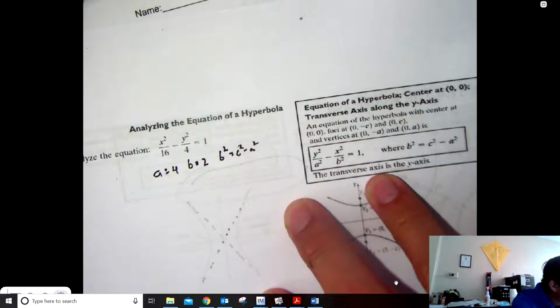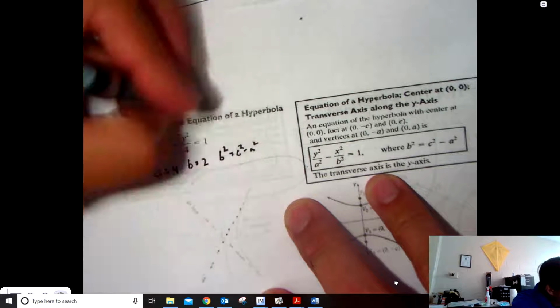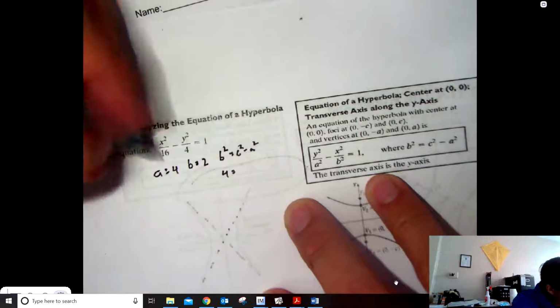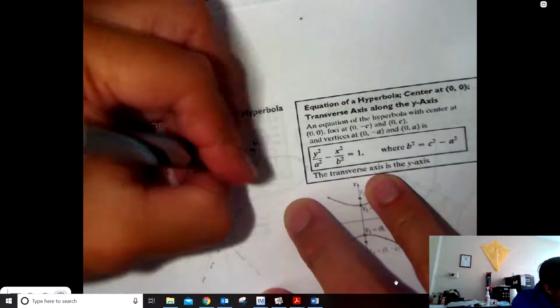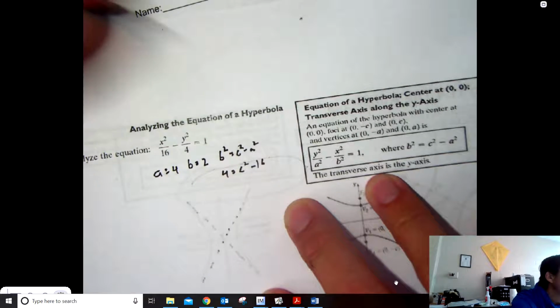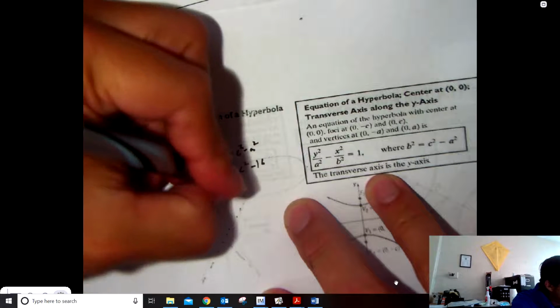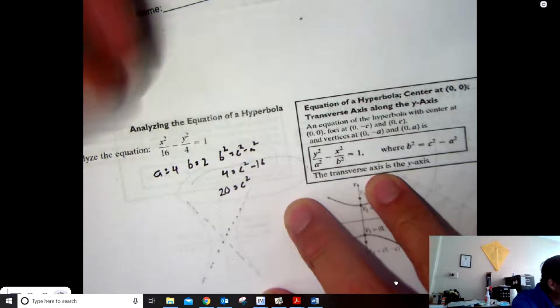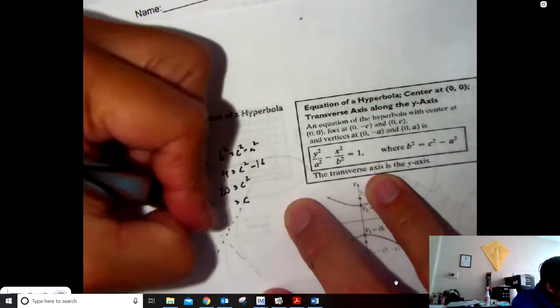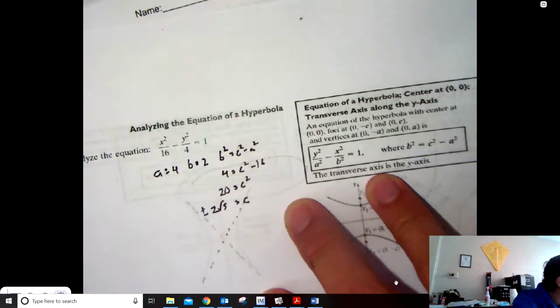Isn't it? Yeah. So I square 2, I get 4. I square 4, I get 16. I add 16 to the other side, I get 20. I take the root of 20, I get plus or minus 2 roots of 5, which is about useless.